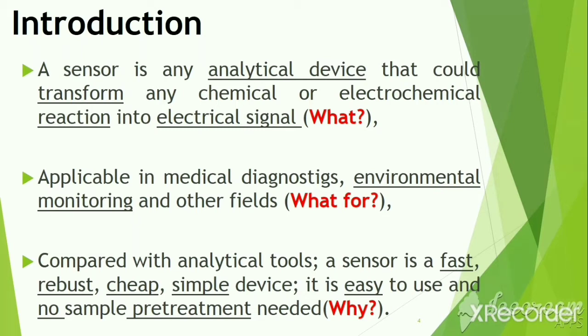And this sensor is for sure applicable almost everywhere, so we can find sensors in medical science, environmental monitoring, food science, almost everywhere. The key features of any analytical sensor are: fast, stable, cheap, and easy to use. That's why it's very important to develop sensors, because they are very important compared with other analytical tools.